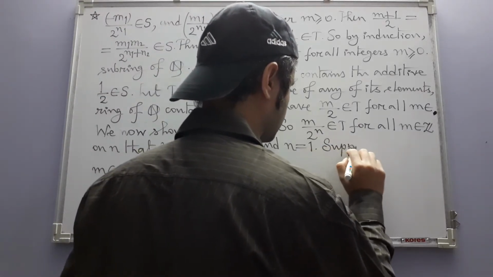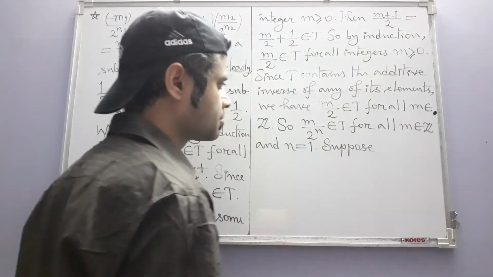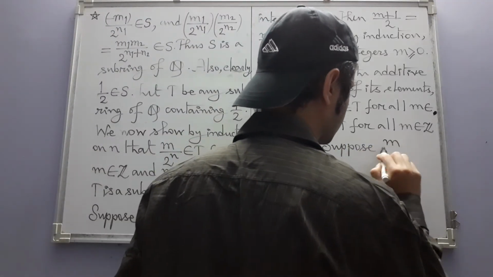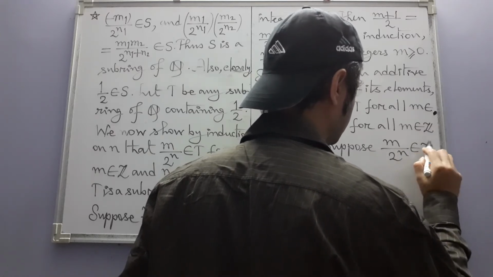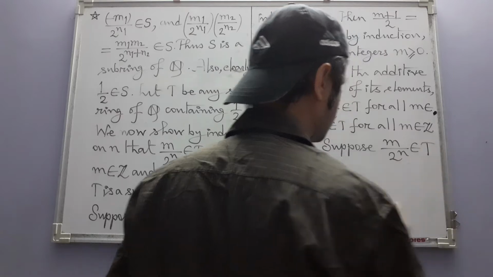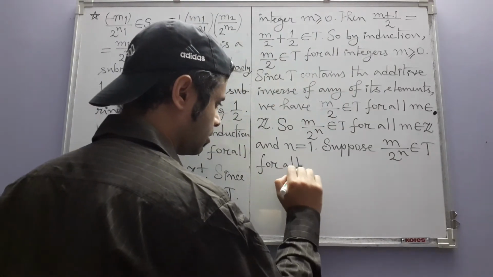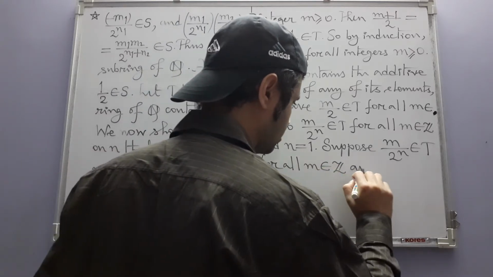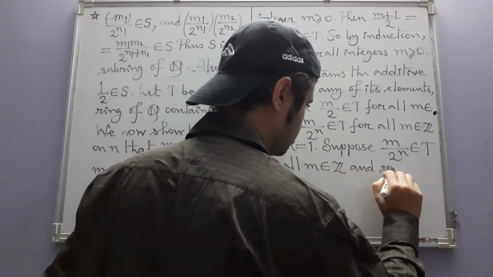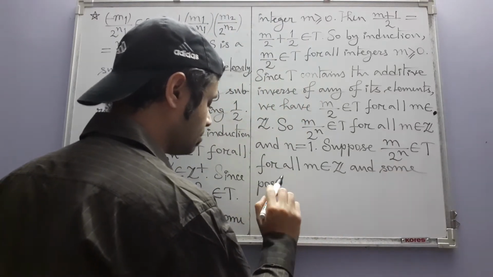Now we make the induction hypothesis for the original induction. Suppose m divided by 2 to the power n belongs to t for all m belonging to the set of integers and some positive integer n.